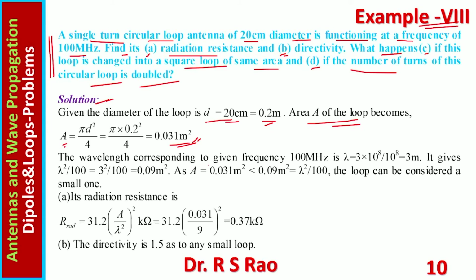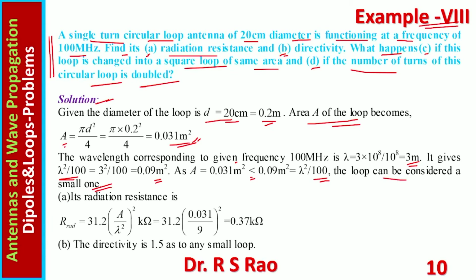The wavelength corresponding to given frequency 100 megahertz is 3 meters. Now lambda square by 100 is 0.09 meters square. As area is 0.031 meters square, which is less than 0.09 meters square, which is lambda square by 100, the loop can be considered as a small one.